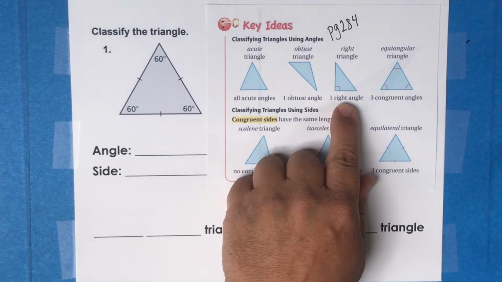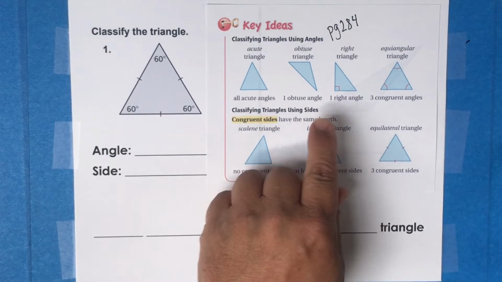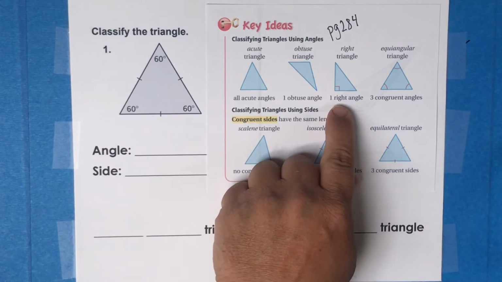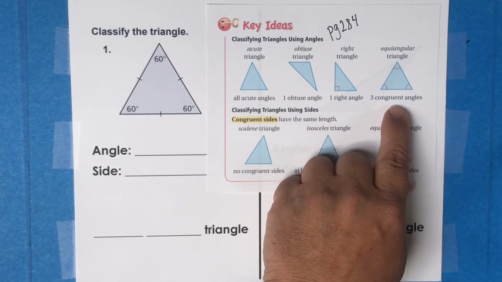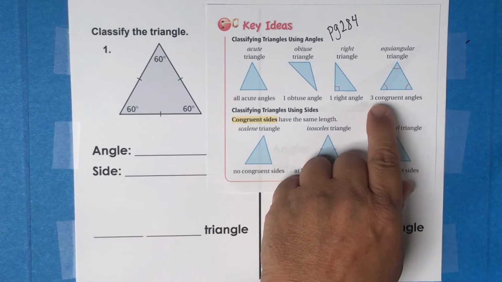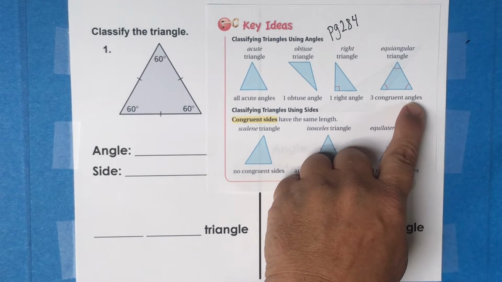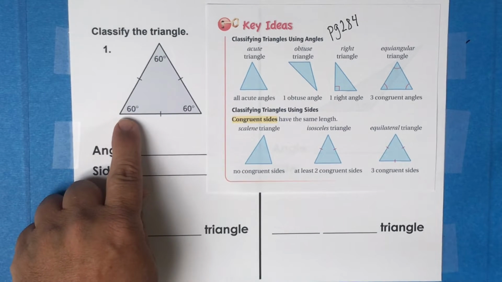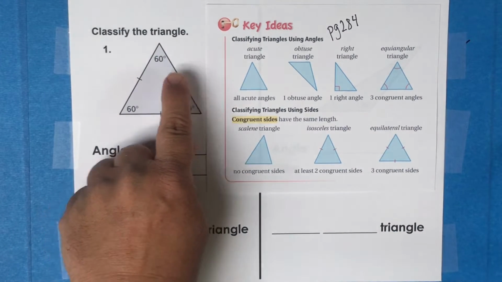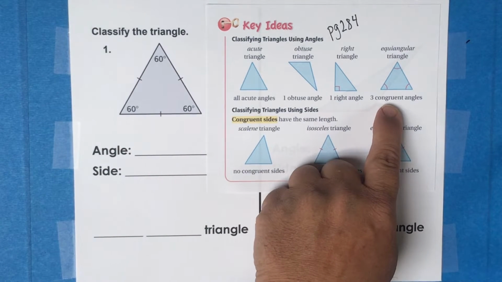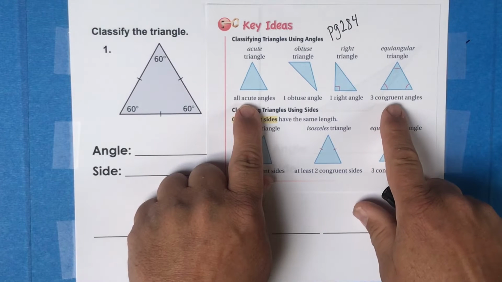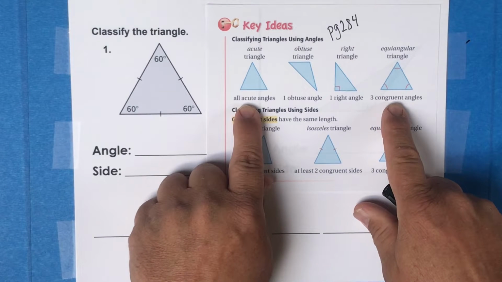I can't classify it as a right triangle because there's no angles in here that equal 90 degrees. The last one, equiangular triangle, does it have three congruent angles? Well, it's 60 degrees here, 60 degrees here, and 60 degrees here, so it is an equiangular triangle. So it's an acute triangle and an equiangular triangle.